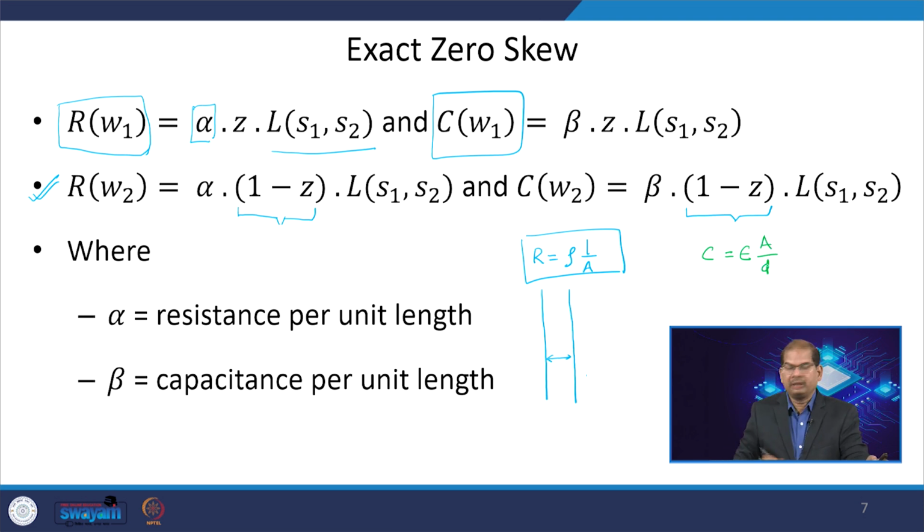So, here epsilon will depend upon the dielectric, and similarly this area will have two components, W into L, by D, but we are worried about the length of the metal, because the width of the metal drawn is the minimum width of the metal, like the similar analysis we did for the resistance. So, that is why your beta is capacitance per unit length.